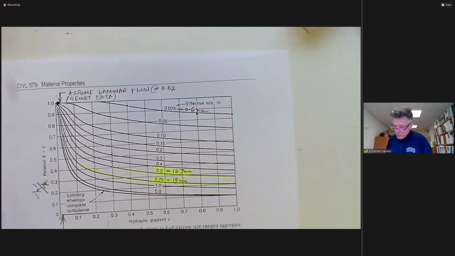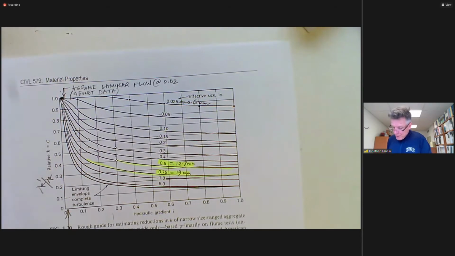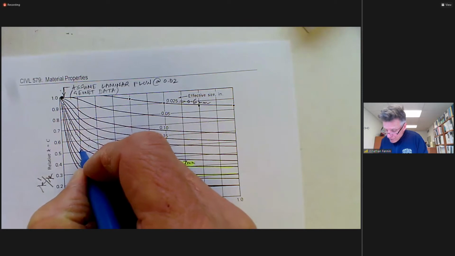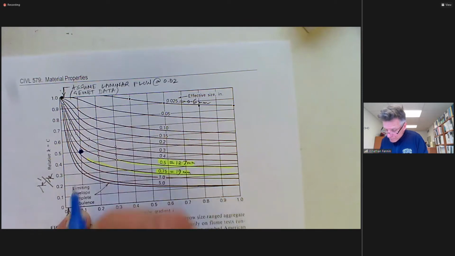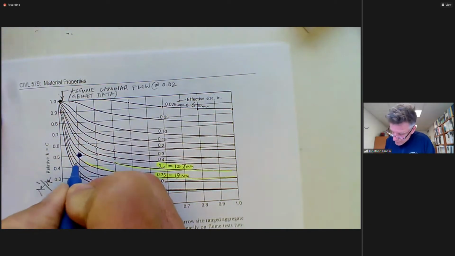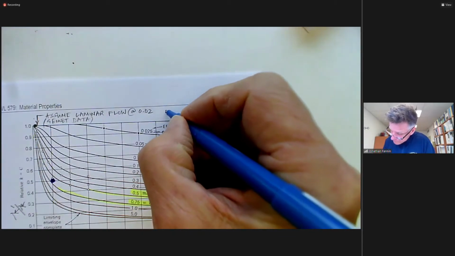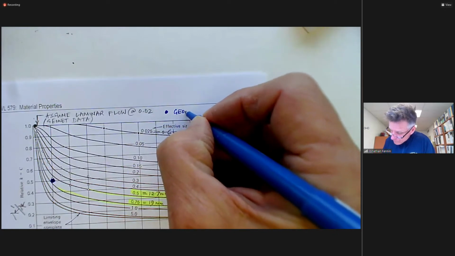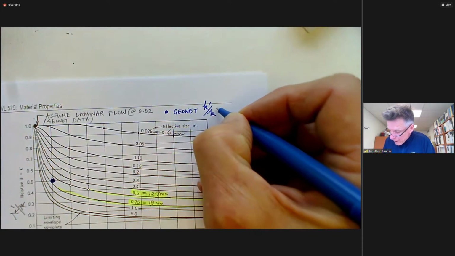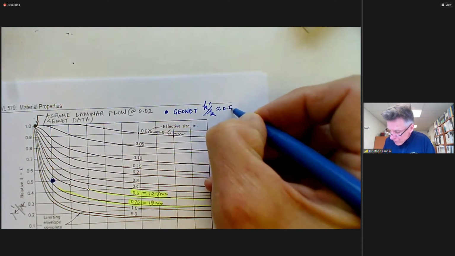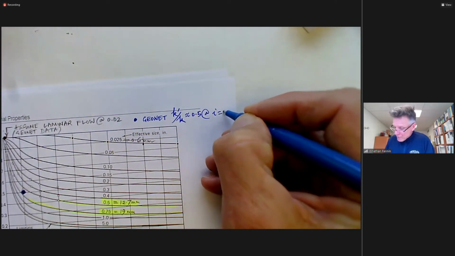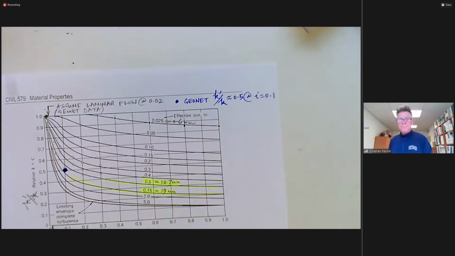And if we go out and impose those GeoNet data at 0.1, we have a relative hydraulic gradient of about 0.5. So that data point there is from the GeoNets. K prime over K is approximately 0.5 at I equals 0.1. Okay.